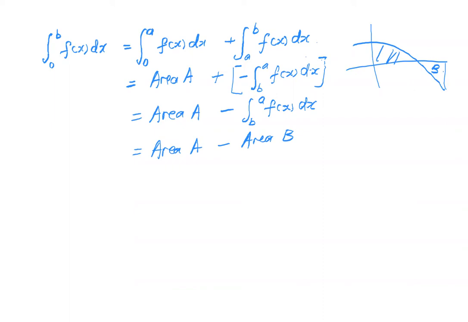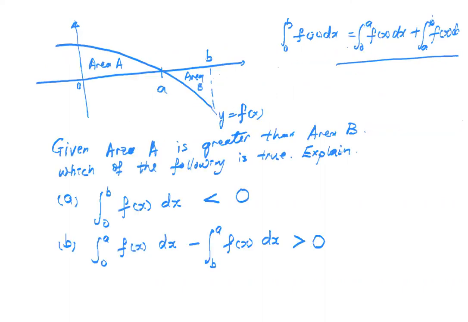Okay, so now the question says area A is greater than area B. So what can you say about area A minus area B? It will be more than 0. Am I right? So can you tell me statement number 1, is it true or false?